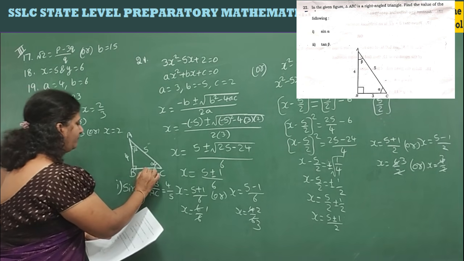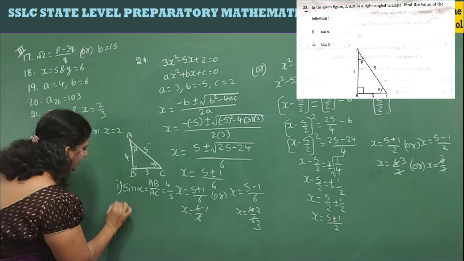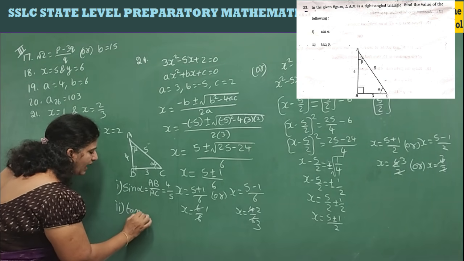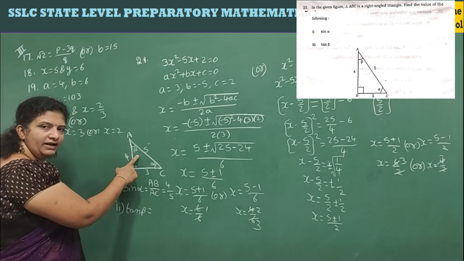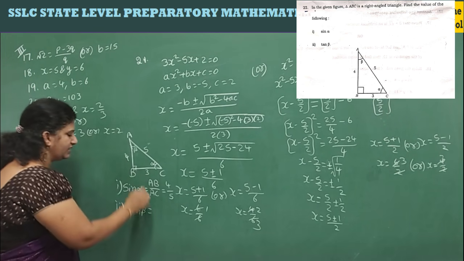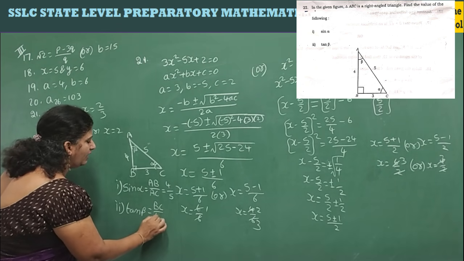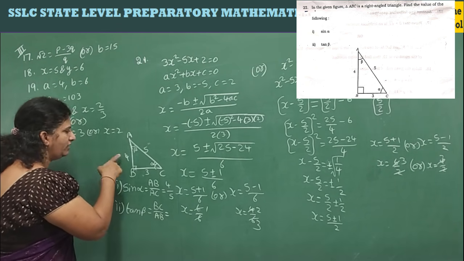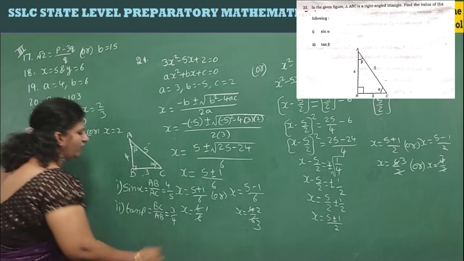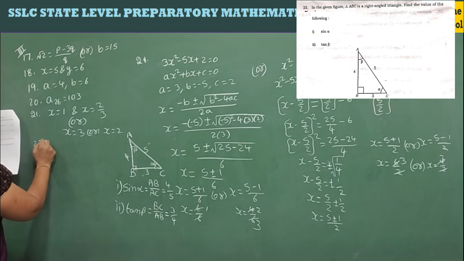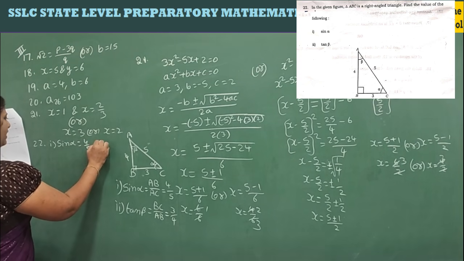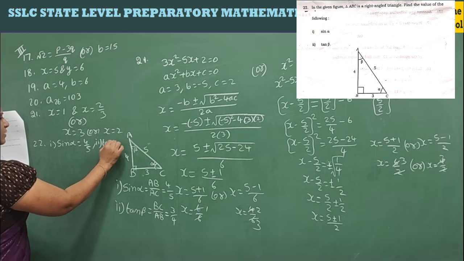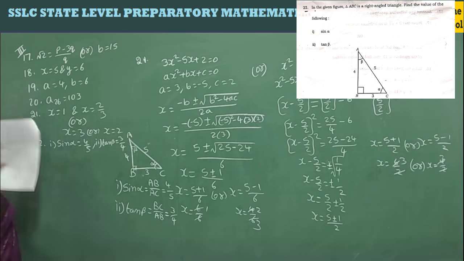And now coming to tan beta, second sub question, tan beta is equal to, acute angle is here, tan beta, tan ratio is opposite by adjacent, that is BC by AB, opposite by adjacent, that will be 3 by 4. Therefore, your answers are, first one, sin alpha is equal to 4 by 5. Second one, tan beta is equal to 3 by 4.